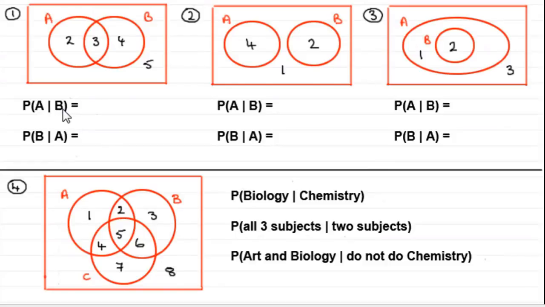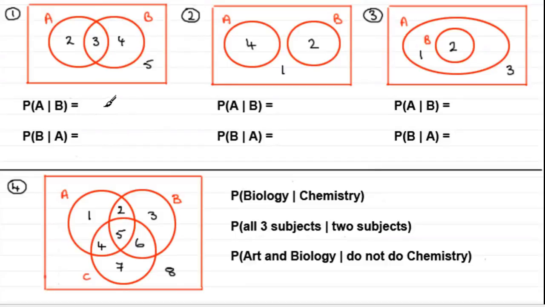Then all we need to do is say, right, okay, they do biology. So how many people do biology? Well, we can see from here, these people, 3 and 4, do biology. They're all in the set here for biology. So that's a total of 7 people. 3 and 4 is 7.